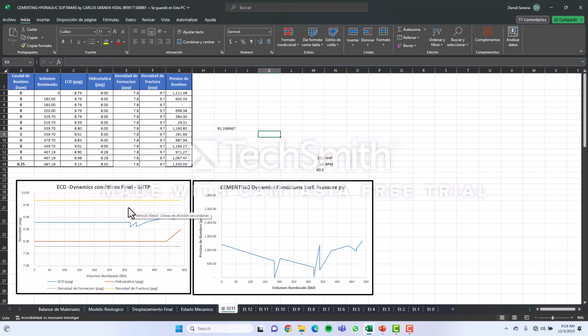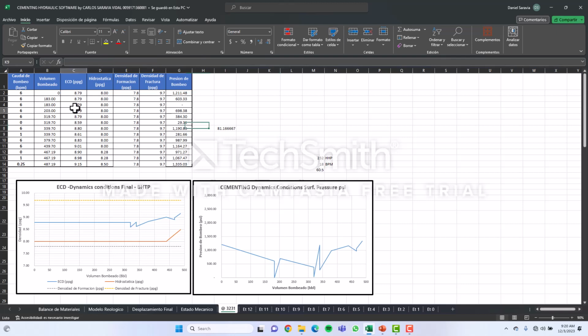Of course, in cementing operations, we never overpass the frac gradient, because that would be a problem similar to having the ECD below the reservoir pressure. So it must always be above, to avoid any influx.